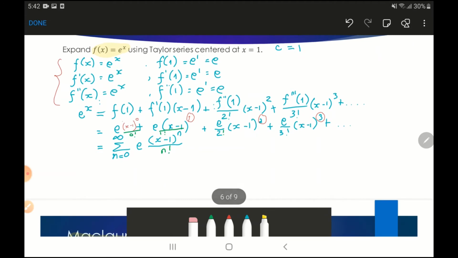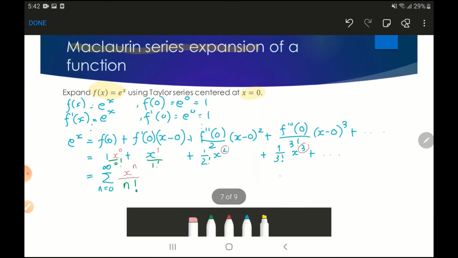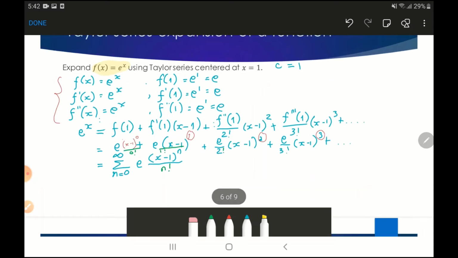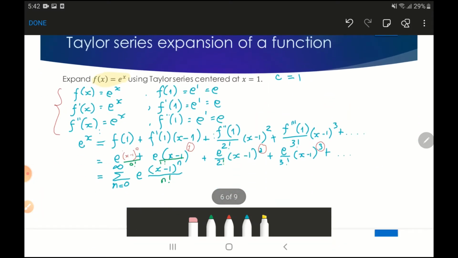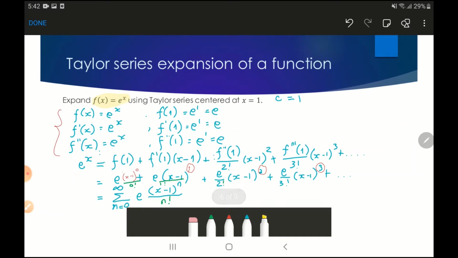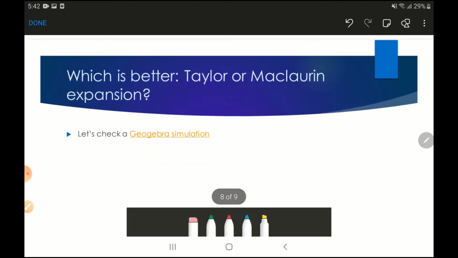So a different expansion may lead to a different value of e to the x. Based on the value of x, we might come up with a different value of e to the x. It will differ based on the expansion. I will show you which is actually better, the Taylor or Maclaurin expansion.